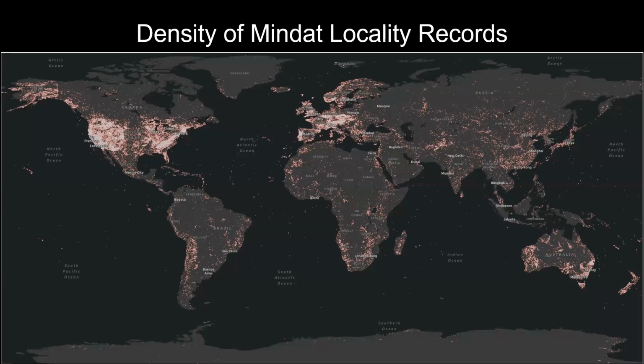As you can see here in this map, the topic here is the density of MinDat localities. You can see US, Europe, and Australia. Those 3 areas have the best density of locality records.